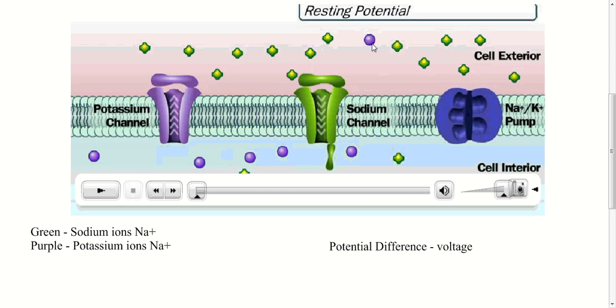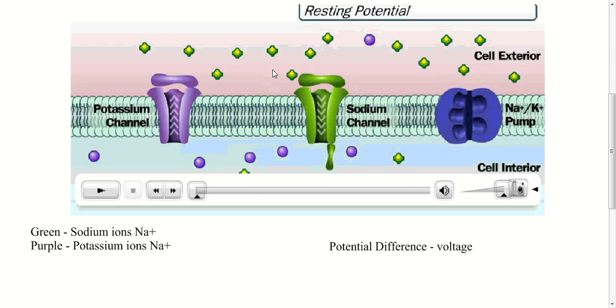There are some potassiums on the outside and some sodiums on the inside, but generally speaking there are more sodiums on the outside than on the inside, and more potassiums on the inside than on the outside. You may also notice that there are more sodiums here than there are potassiums here. So we have more positive ions on the outside than we do on the inside.